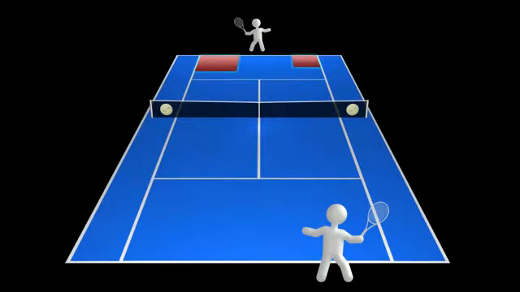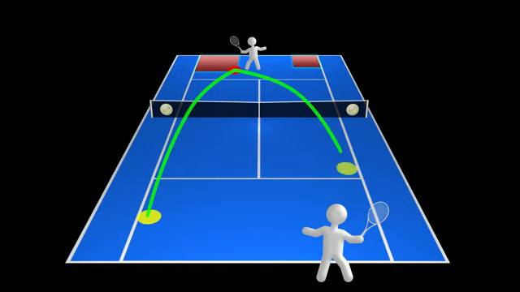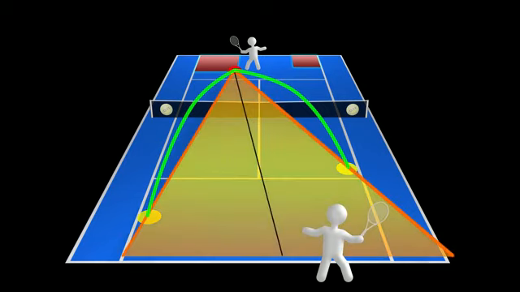Now, when I hit cross-court, on the other hand, the area that I can hit into and be fine afterwards is much bigger. If I leave the ball a little bit short on my cross-court shot, I should still be fine for the next shot, because my optimal recovery position is so close, and I have a really good chance of getting into my optimal recovery position in time before my opponent hits the shot.